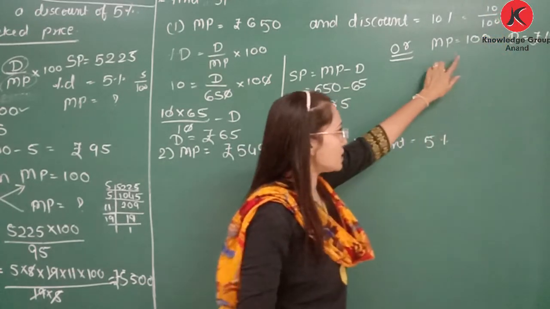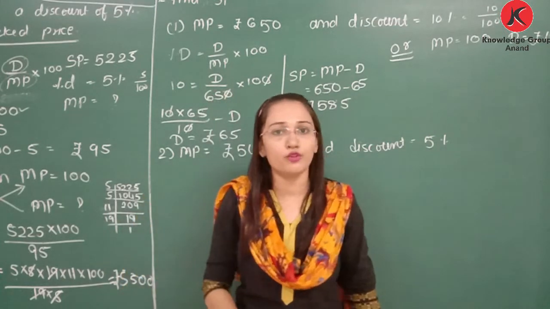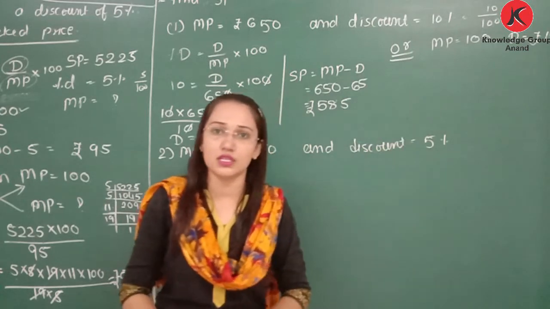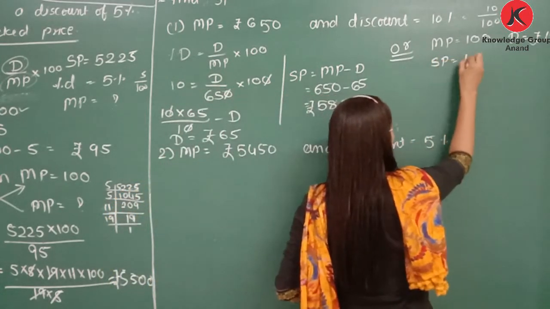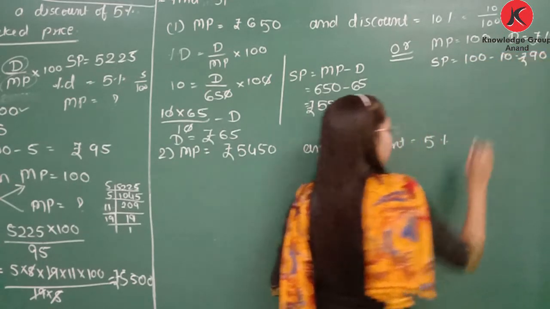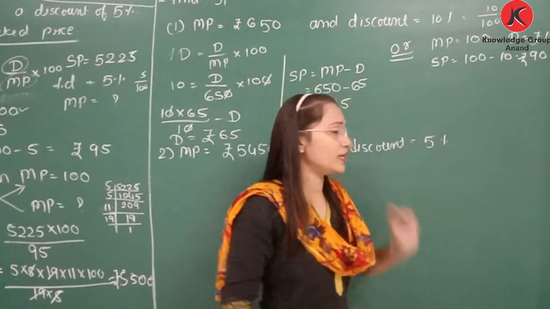And if 100 rupees is the market price and 10 rupees is the discount, it means you need to pay only 100 minus 10, that is 90 rupees.